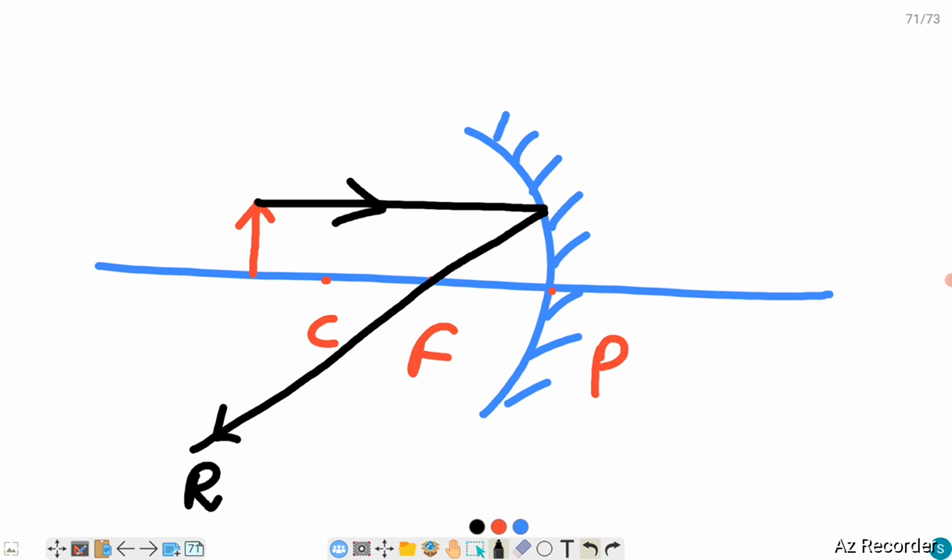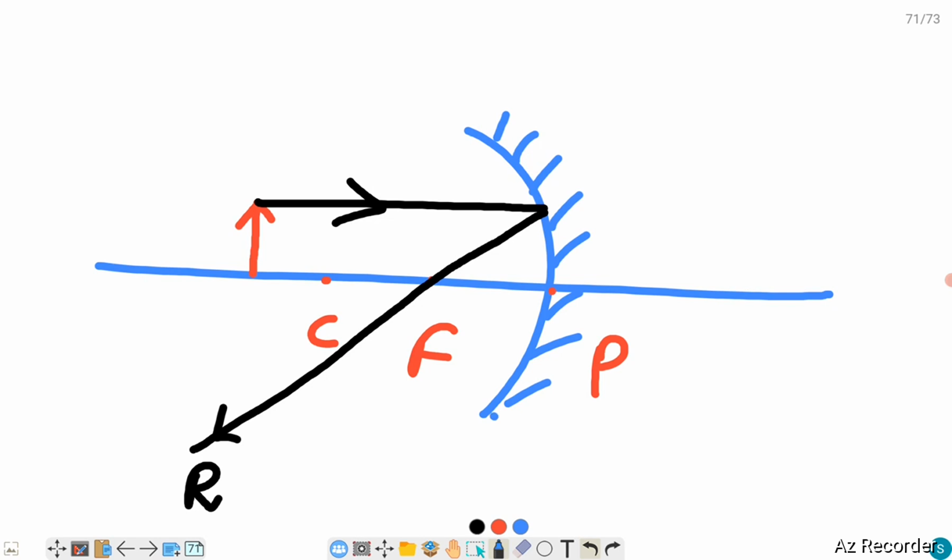And then the second ray, I will take the light ray which is passing through the center. That means the point which is in front of the object. The points we know are only center, focus and pole, correct? Those are the points we know. Of those points, whichever point is in front of the object, through that the light ray should pass. Understood?